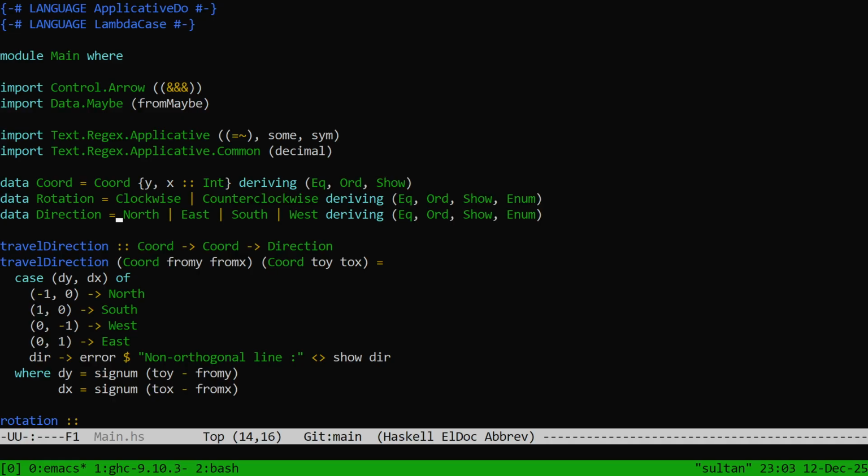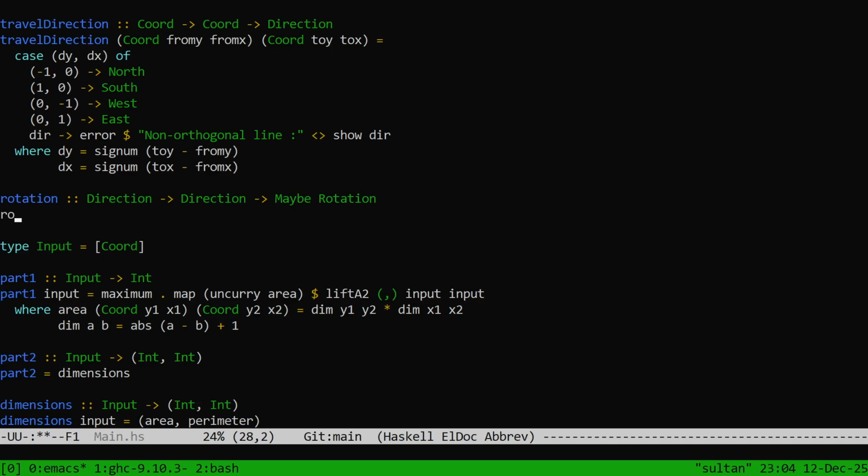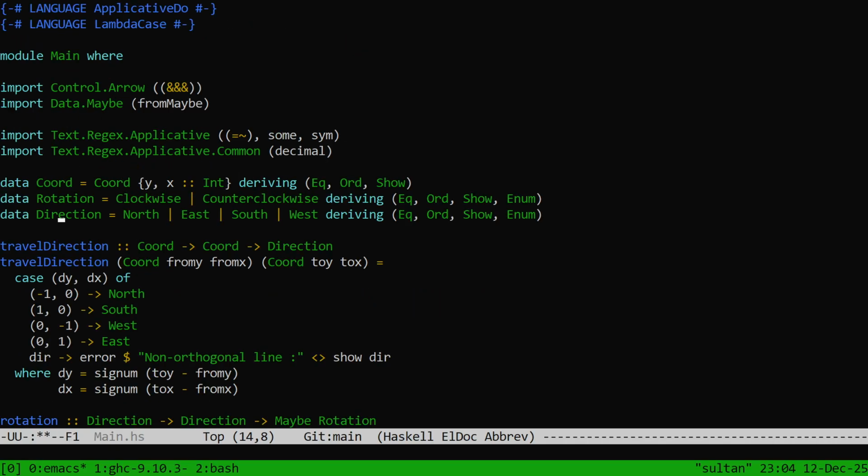And I don't want to have to keep checking, oh, is that orientation straight? That's impossible. So I think my rotation is going to take two directions and return maybe a rotation. I guess I should be using the enum instance here, huh?